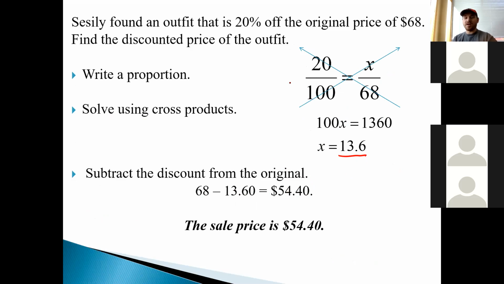Now, this one, hopefully you're getting the steps at this point. Why did we subtract this time instead of add? Because it's decreasing the money. Yeah, right. So since it's a discount, we're going down in price. So we're going to subtract our amount of change.